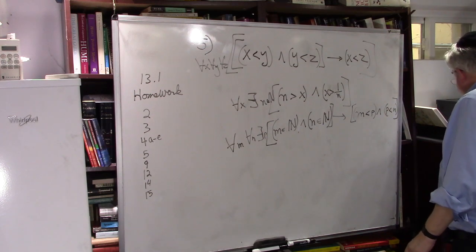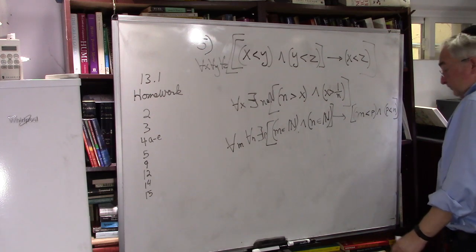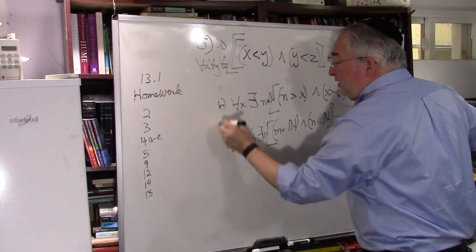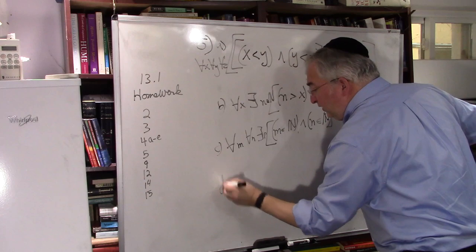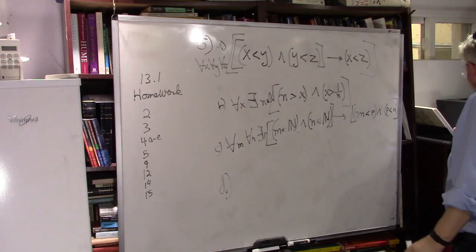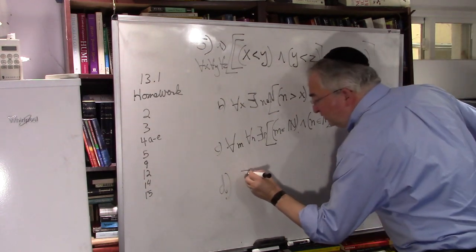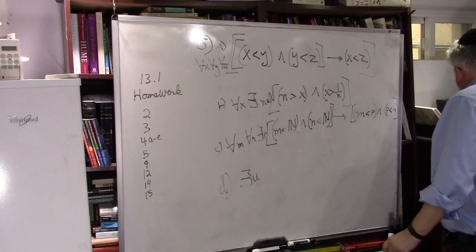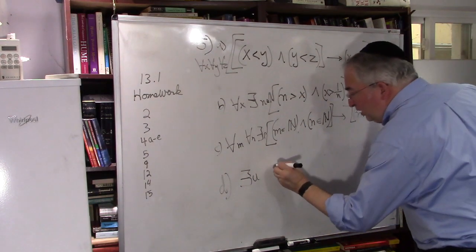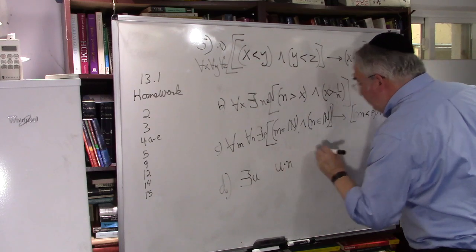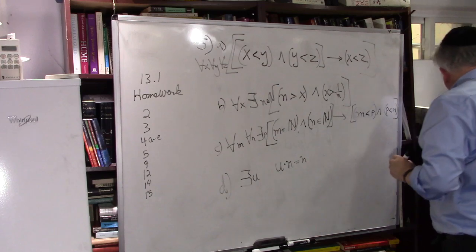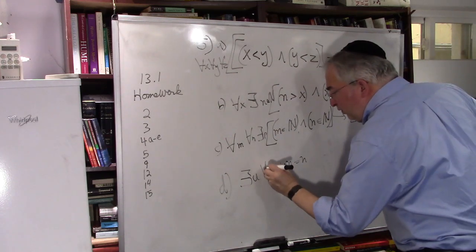D. Okay, that's D. So this is A, B, C. Let's do D. There exists a U. U is going to stand for unit, such that U times n is equal to n for all n.